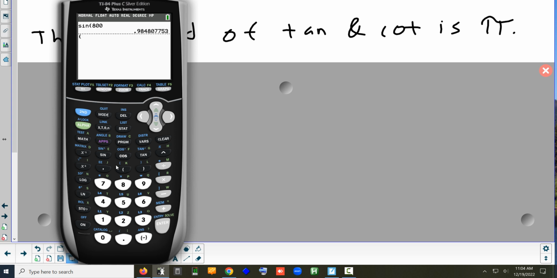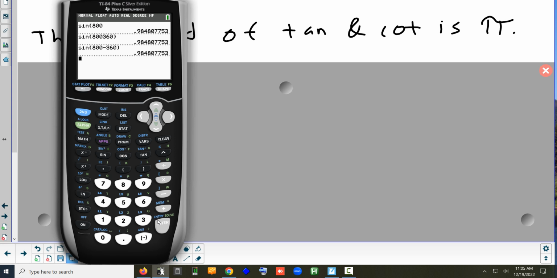You could subtract 360, and you get the same thing. We can add and subtract 360 as many times as we want, and it will not change the answer to a sine or cosine problem, because that's the cycle of sine and cosine.